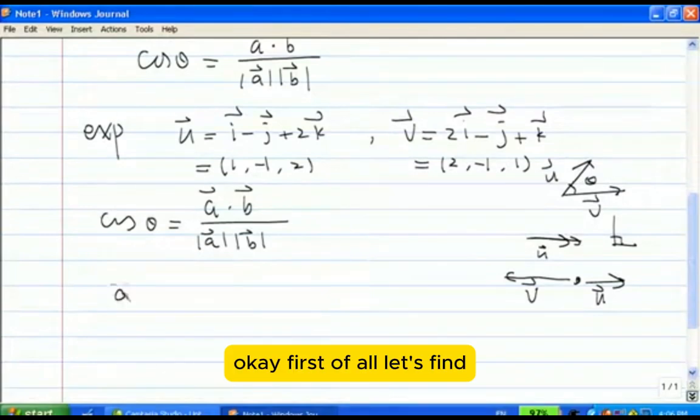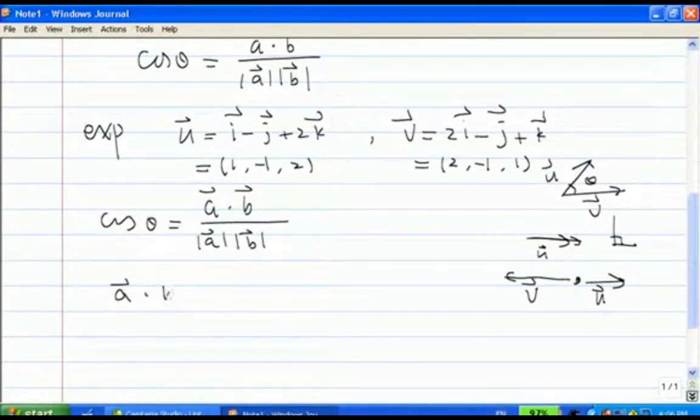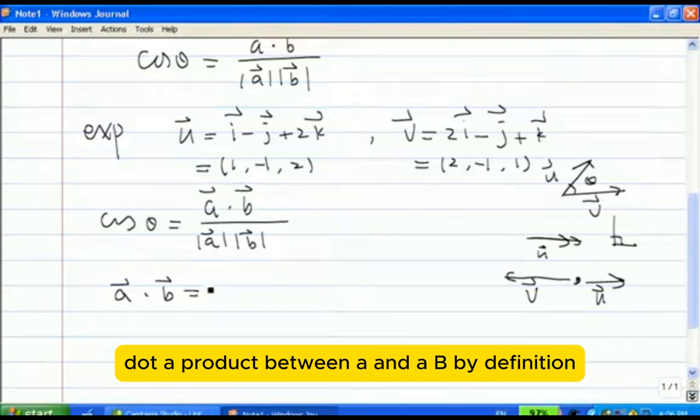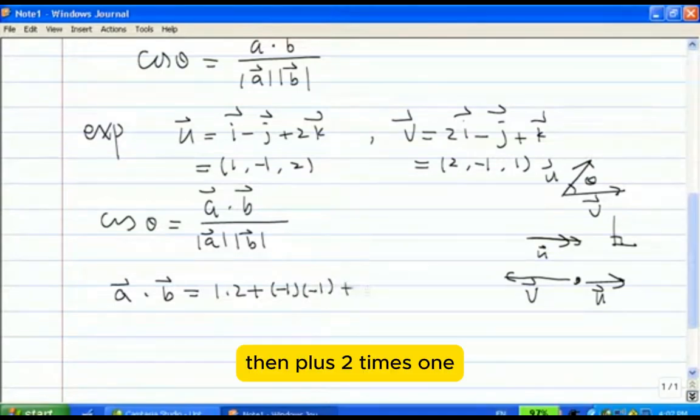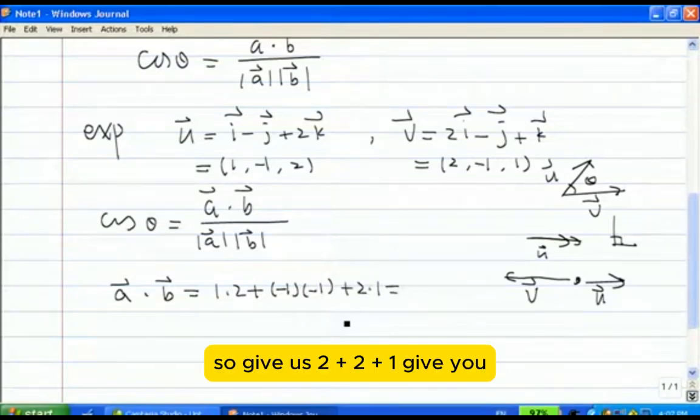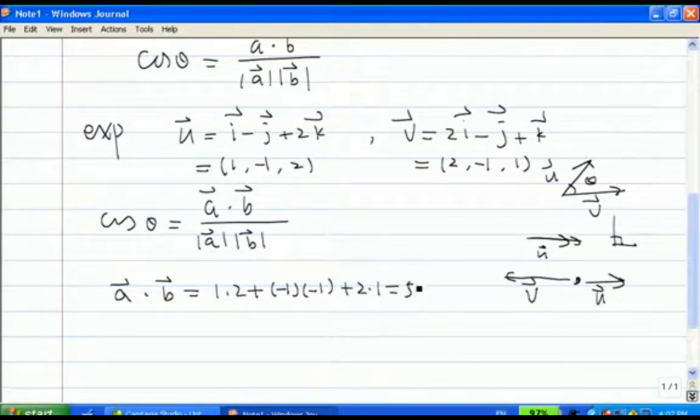First of all, let's find the dot product between A and B. By definition, it is 1 times 2 plus minus 1 times minus 1, then plus 2 times 1. So that gives us 2 plus 2 plus 1, which gives us 5, right?